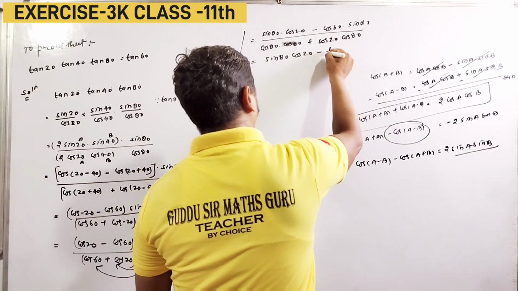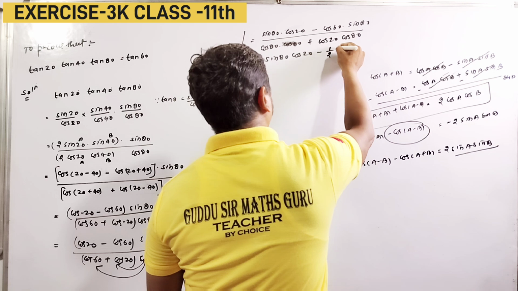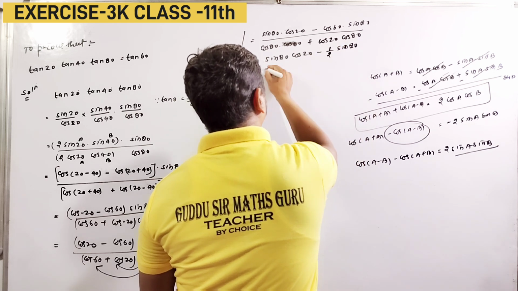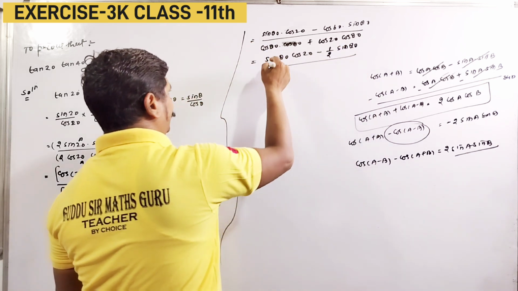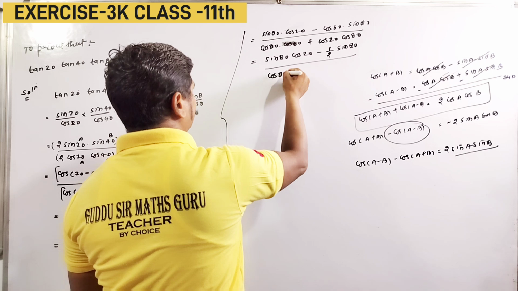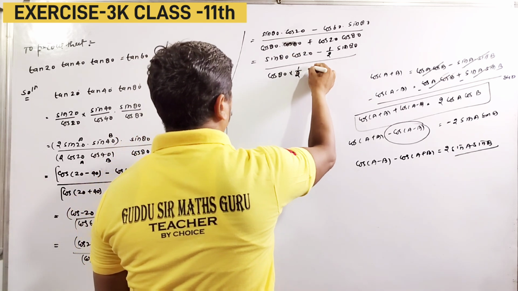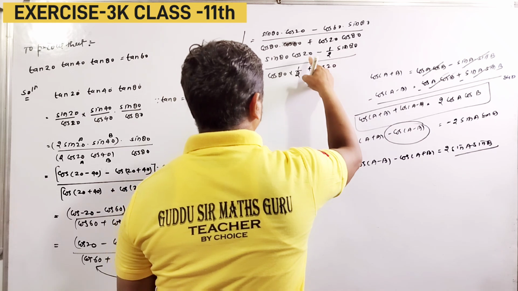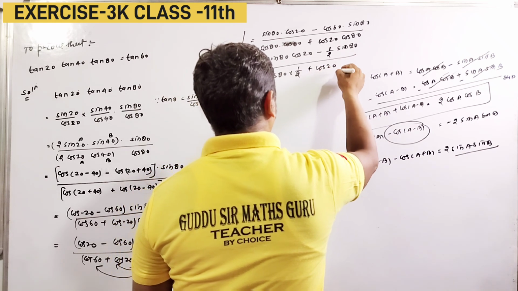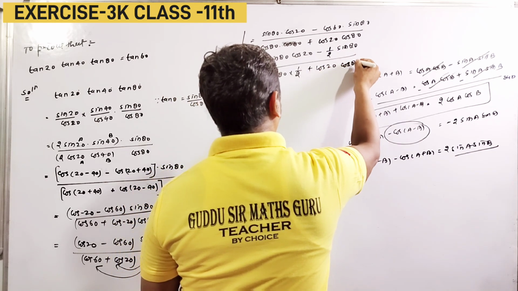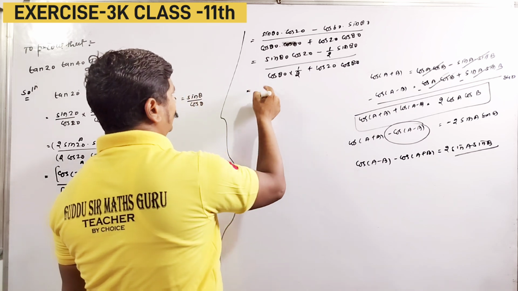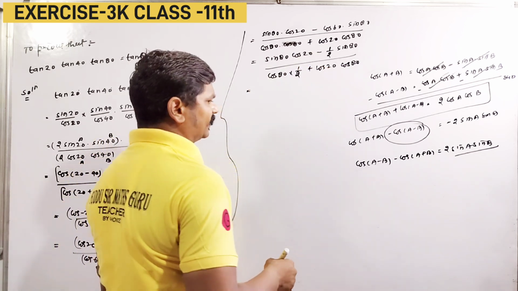So in place of this you write 1 upon 2, and there is sin 80. As usual you do here. Clear? And here will be cos 80 into 1 upon 2, as you know. So here will be the same, cos 20 and cos 80. Clear? And after it you can do cross multiplication here.